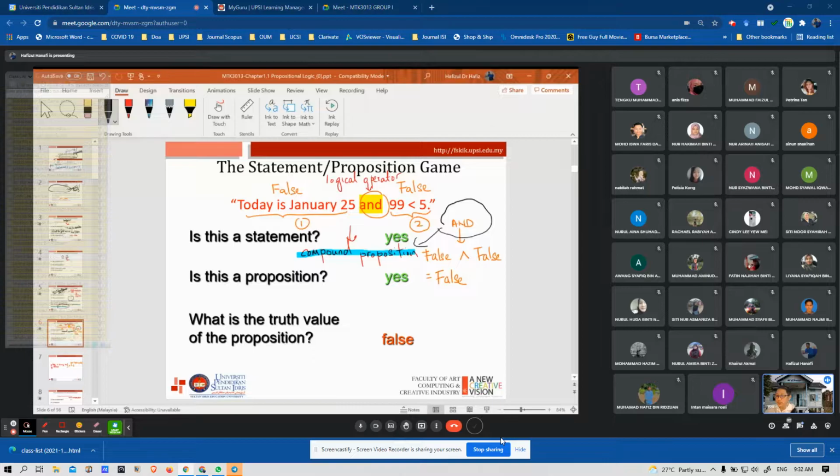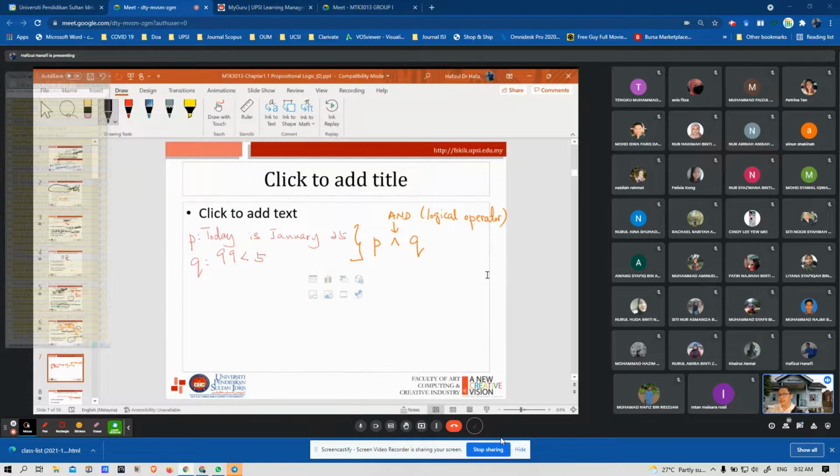What is the truth value of this proposition? Of course, false. False and false, dia akan jadi false. Okay. Sebab 0 multiplied by 0 is equivalent to 0 lah. Nanti kita akan tengok what is truth value. Okay, this one is the either way.